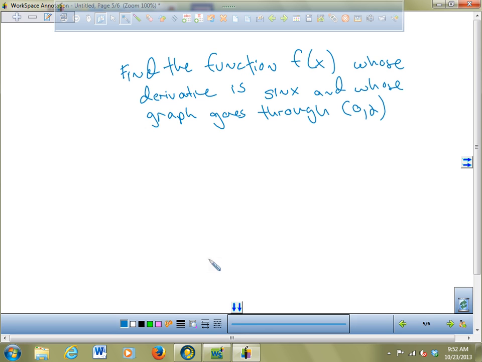So this is where you kind of do it. I have this function y equals sine of x. What did I need to take the derivative of to have sine of x down here? Very good. Negative cosine of x.